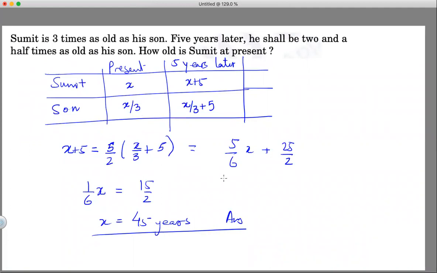Because then I wouldn't have to work with the fractions. The reason I still didn't do that was because then there is a chance that you leave the answer, which will come as 15, as your final answer. If you are very sure you won't make that mistake, you could have chosen x and 3x without issues.